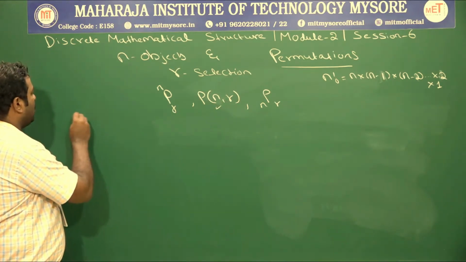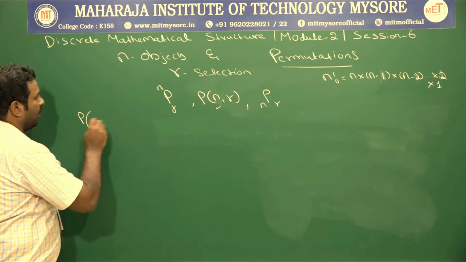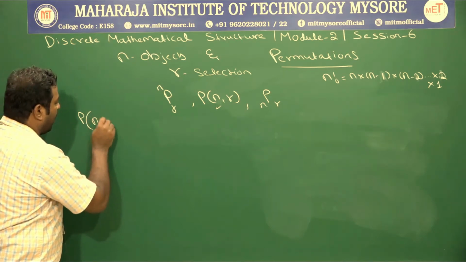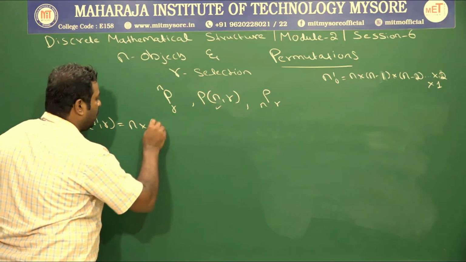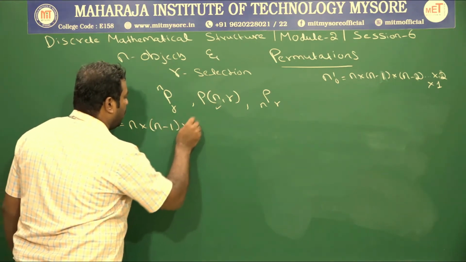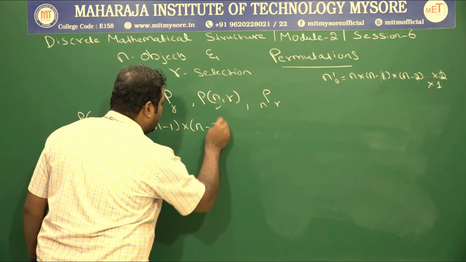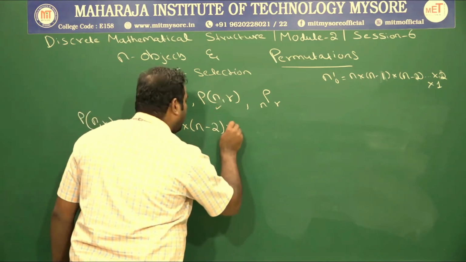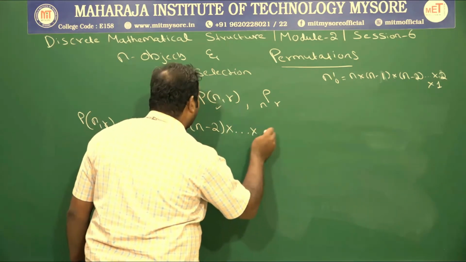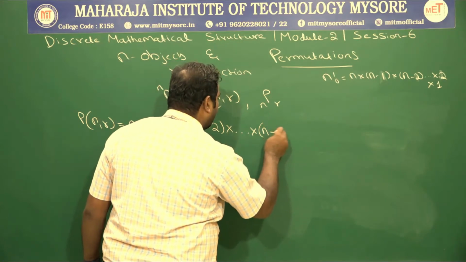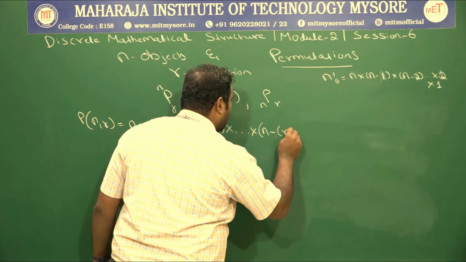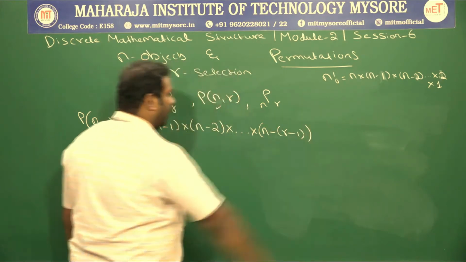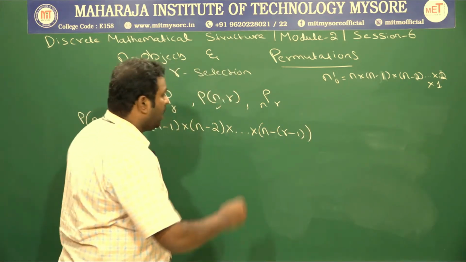So where P of n comma r is equivalent to n into n minus 1 into n minus 2 into so on until we have stopped at n minus (r minus 1).